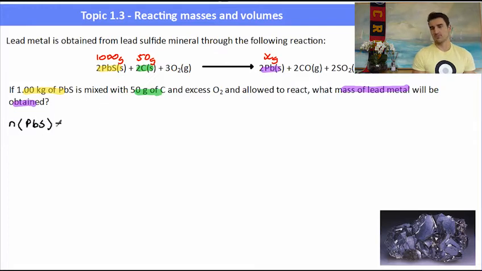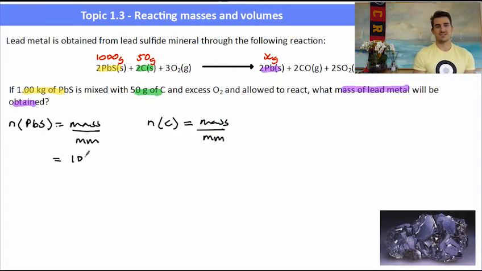So the first step, find the number of moles of both of the reactants. They gave us both reactants, so you must be thinking this is a limiting reagent question. So I'm going to use the same formula, mass over molar mass, for both lead sulfide and carbon to work out the number of moles of both reactants.